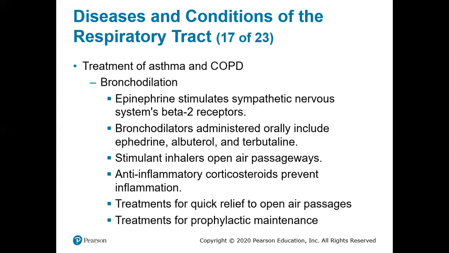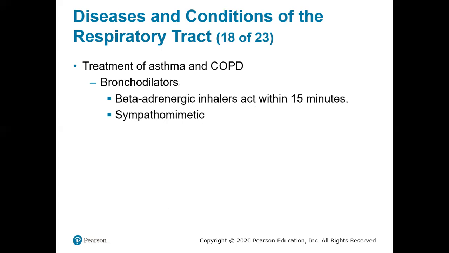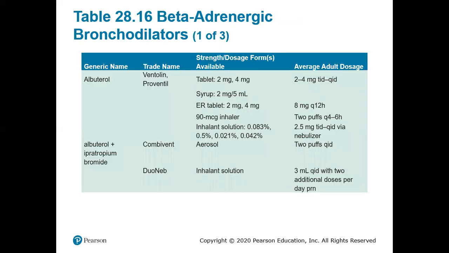Treatments for quick relief to open air passages. Treatments for prophylactic maintenance. Beta-adrenergic inhalers act within 15 minutes. Sympathomimetic. Table 28.16, beta-adrenergic bronchodilators are detailed, and this is found on page 453 of the textbook.